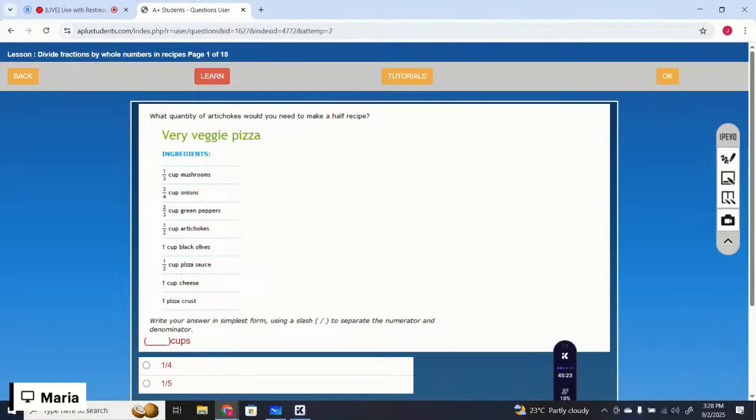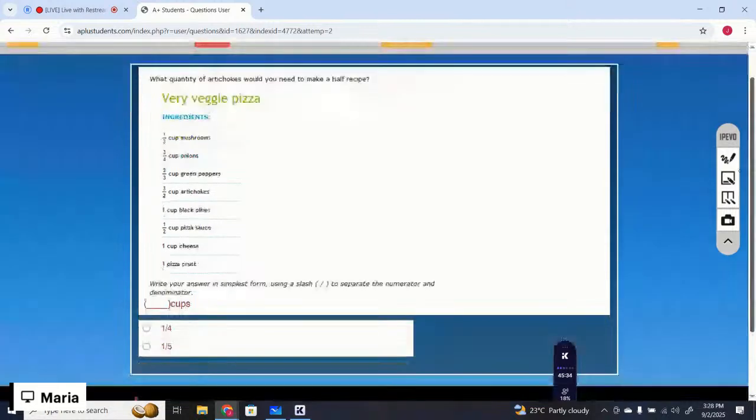The quantity of the artichoke you need to make a pizza, you need to make a half recipe. What quantity of artichoke would you need to make a half recipe? So you are going to make the half recipe.